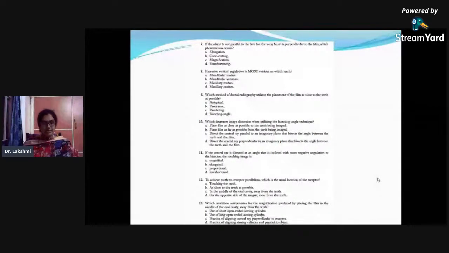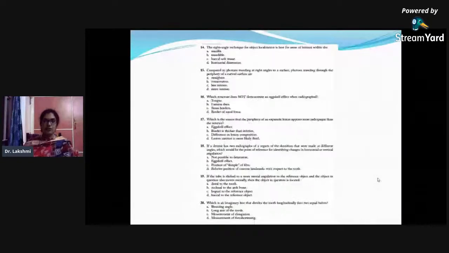The option is B, use of long open-ended aiming cylinder. Coming to 14th question, the right angle technique for object localization is best for areas of interest within the, the option will be B, that is mandible. Right angle technique, that is the paralleling technique.